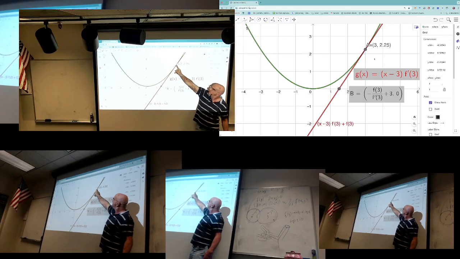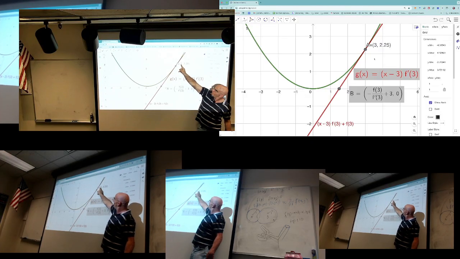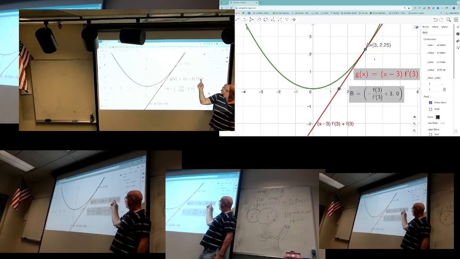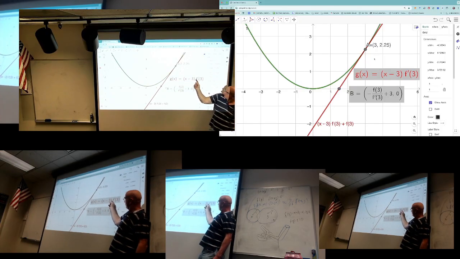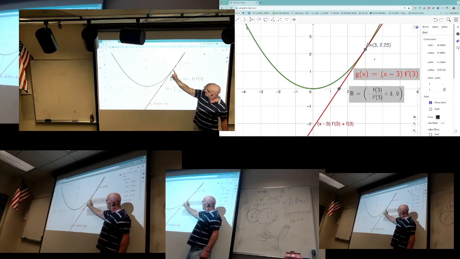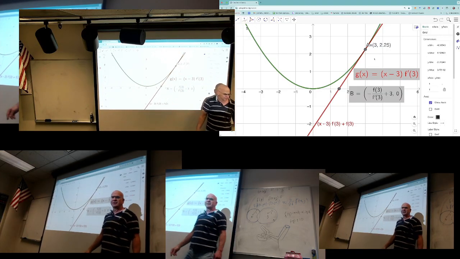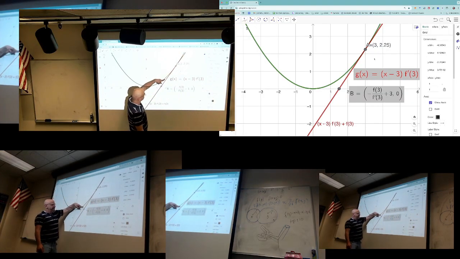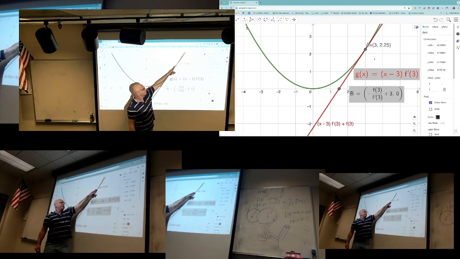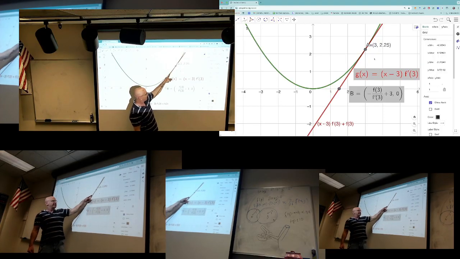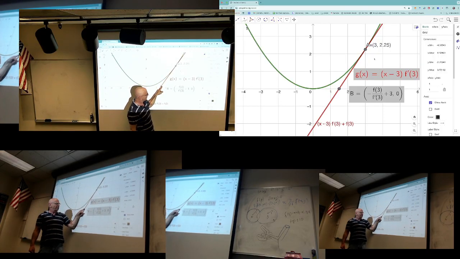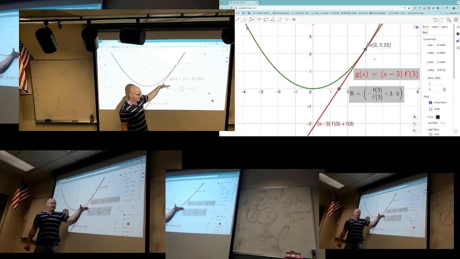If I start from a point where x equals 3, compute the derivative of f at 3, and say that g of x is f of 3 plus (x minus 3) times f prime of 3, that's just the equation of the linear function that is tangent to f at my starting point. And now ask this linear function, where does it hit the x-axis? Let's compute where it hits the x-axis.